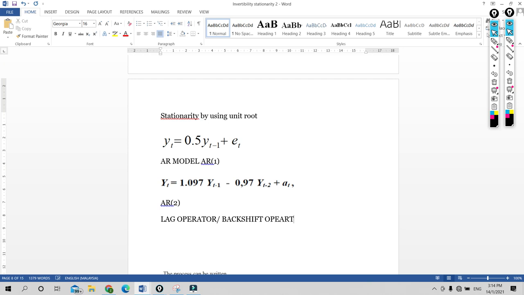We have to change the equation to the lag operator, or backshift.